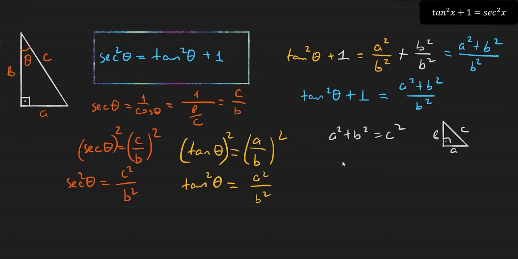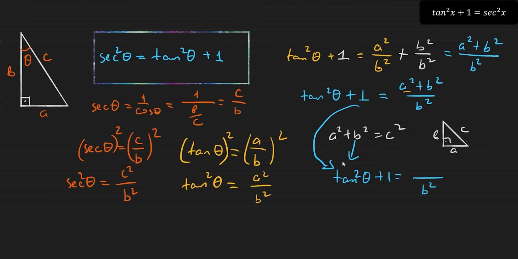So from that we get, tangent theta squared plus 1 equals, the denominator stays the same. And we know that A squared plus B squared equals C squared.